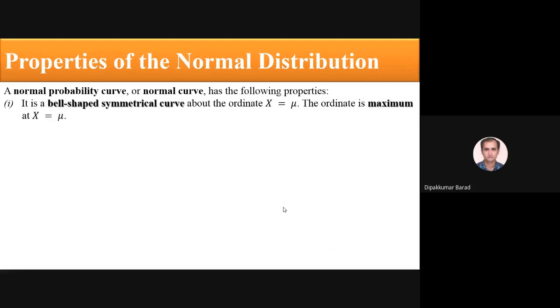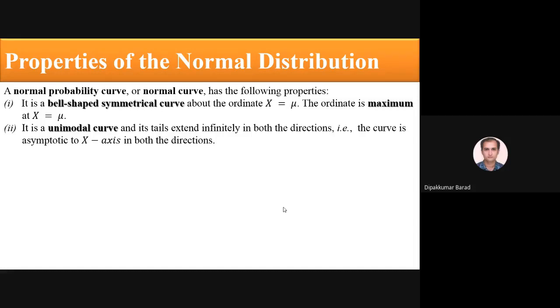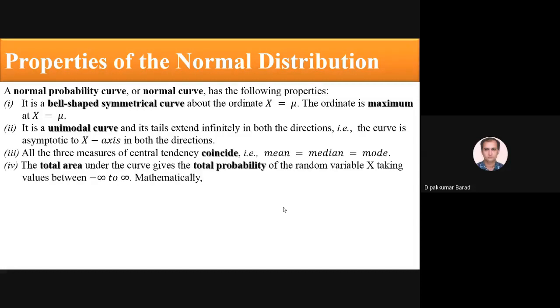And we convert this normal distribution into a standard normal distribution. Here we are discussing some properties: bell shape, symmetric, and all this which we have already discussed. For the normal distribution, mean, median, mode are equal, and the total probability, the integral from minus infinity to infinity of f of x dx, equals 1.